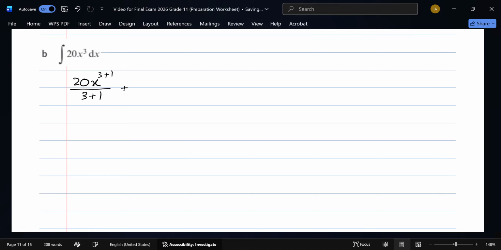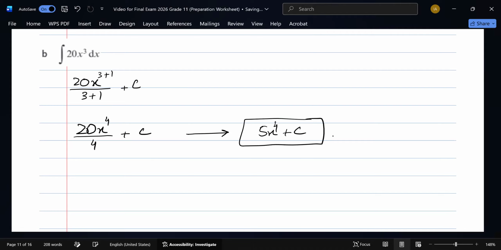And don't forget to add the constant c. Okay. Simplify, it's going to be 20x power 4 divided by 4 plus c. Or my final answer will be 5x power 4 plus c. This is your final answer after integration.